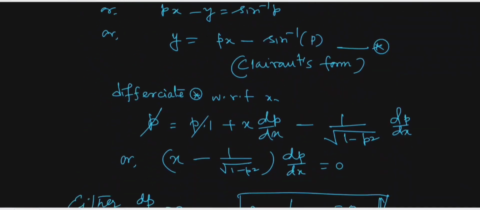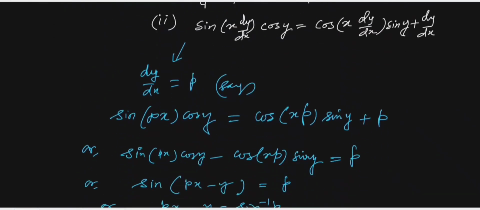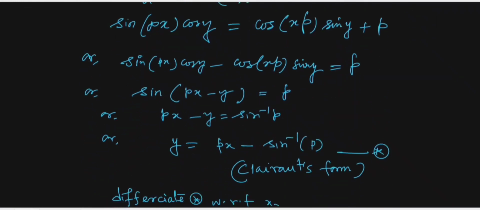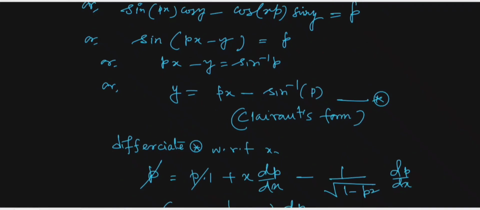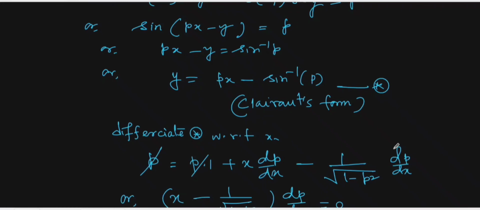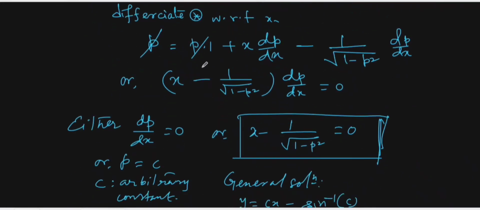So let's review these things. We had this equation, we just manipulated it and got the Clairaut's form. From here we know the general solution is y equals cx minus sin inverse c, just by replacing p by an arbitrary constant. For the singular solution we differentiate and we get two factors.